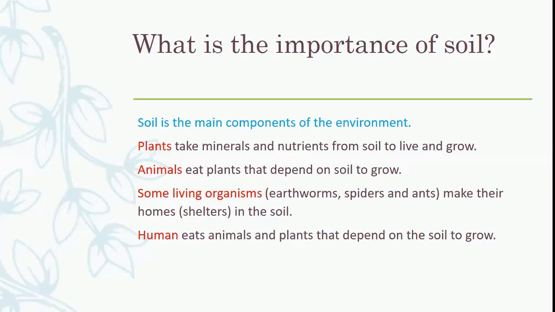What about animals? What is the importance of soil for animals? Animals eat plants, and these plants, of course, depend on the soil to grow. Some living organisms, like earthworms, spiders, and ants, make their shelters in the soil.